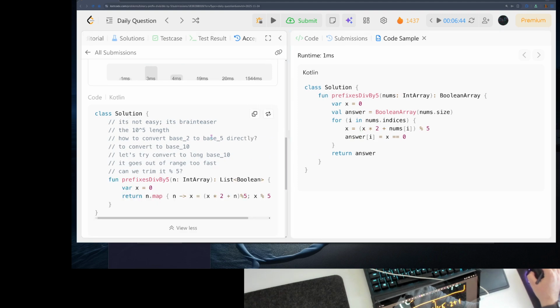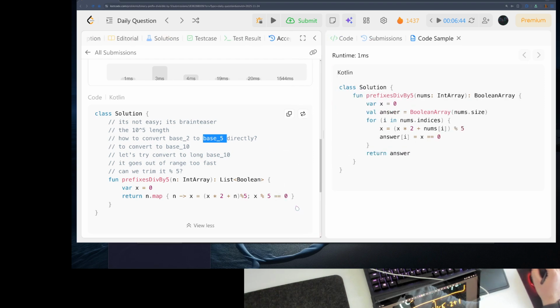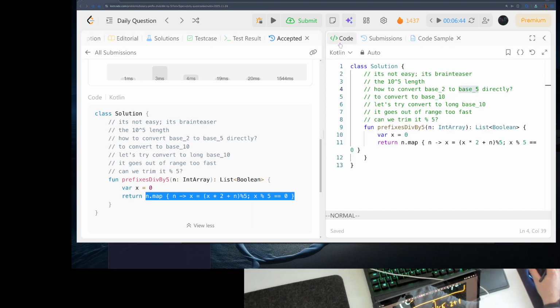But if you can convert to the base 5, you can just look at whether the last digit is 0 or not. I'm not sure if this is the actual conversion to the base 5.